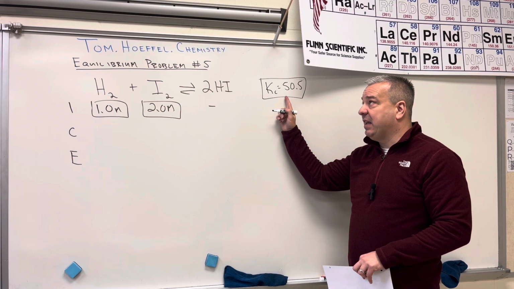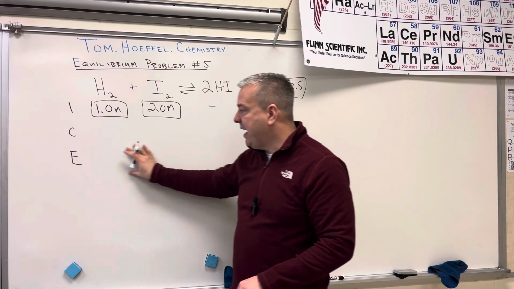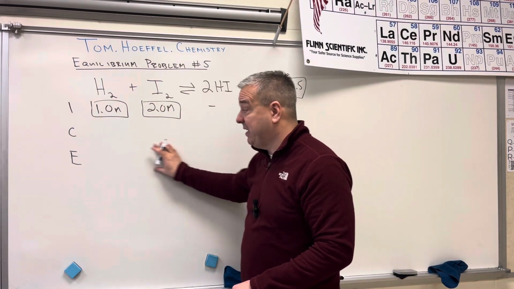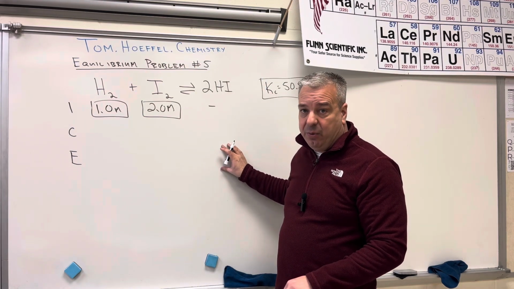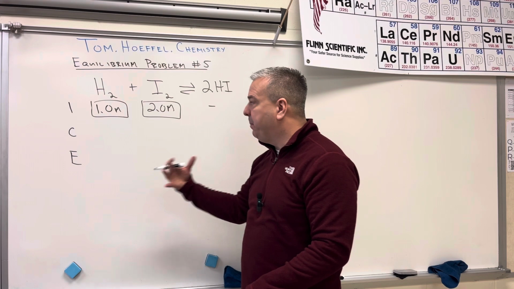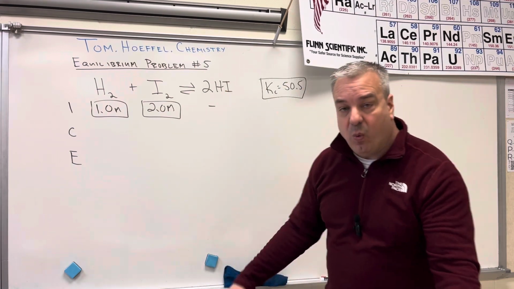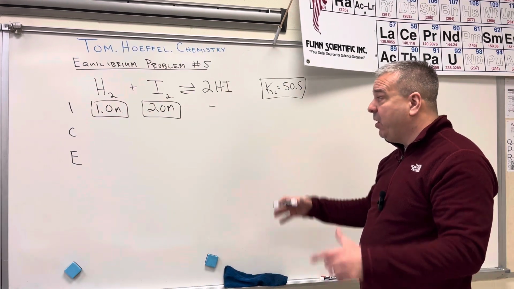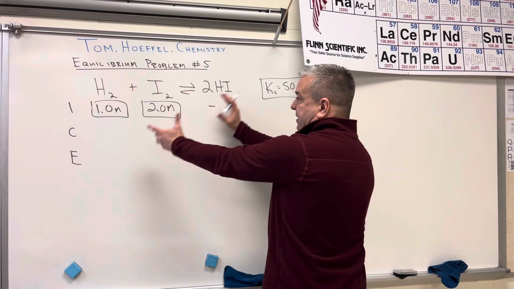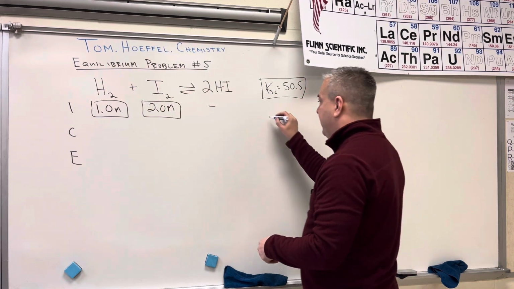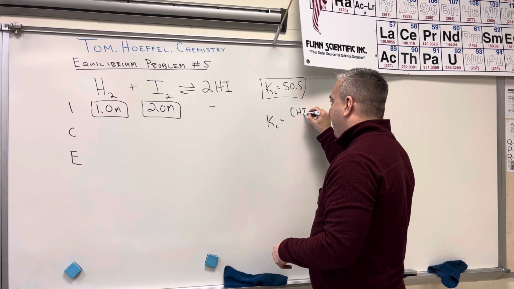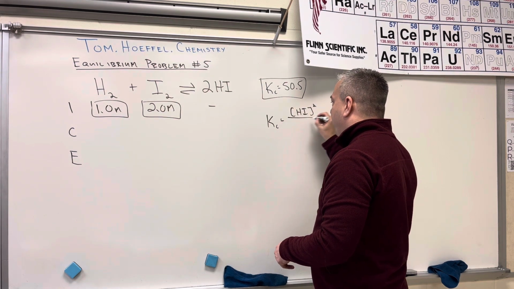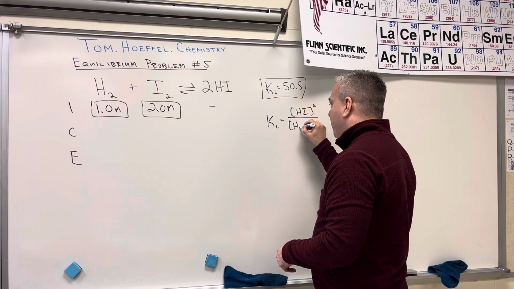This time it's giving you the Kc value, and the prompt is asking you what the concentrations are when it's at equilibrium, or what the equilibrium positions are. So what do we know about equilibrium? Well, we know that this has an equilibrium expression, Kc, which is equal to the products over the reactants. That's one thing that we know.